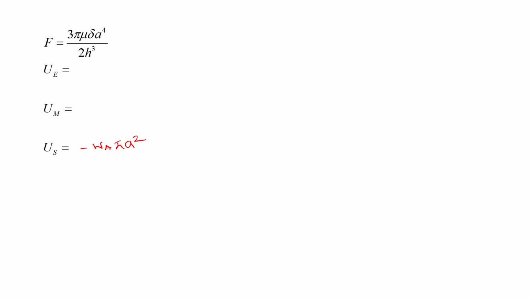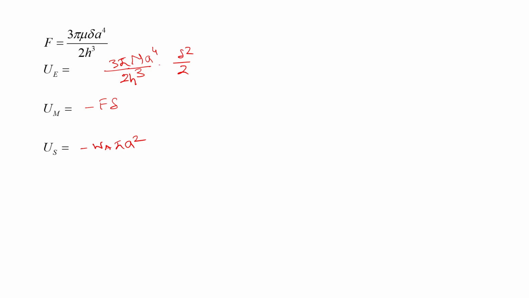And then the mechanical energy is actually minus f into delta, and this u a will be delta. So, you have to integrate with respect to delta, so it will be 3 pi mu by 2 h cube into a to the power 4, and it will be delta square by 2, right, 3 pi mu, delta square by 2 a to the power 4 by 2 h cube.